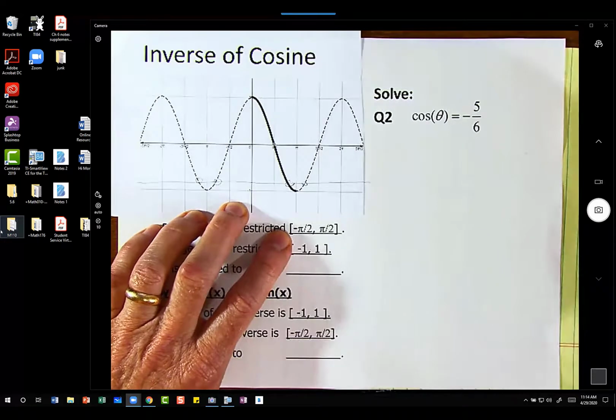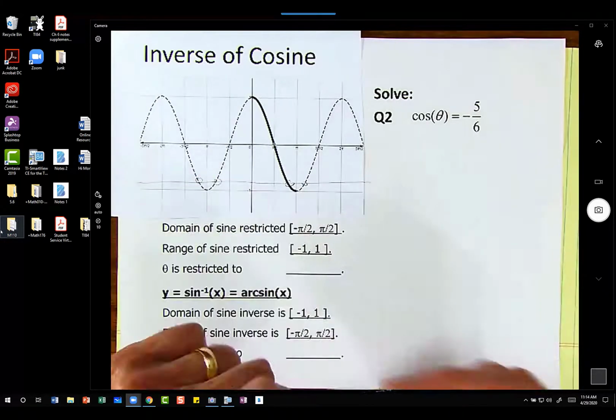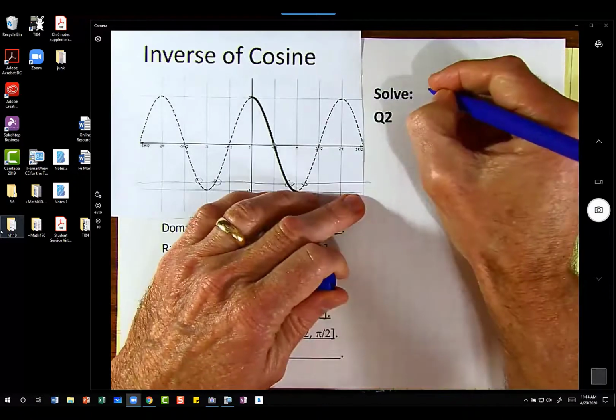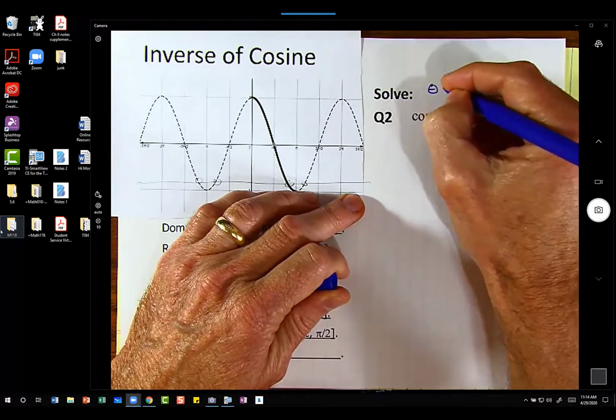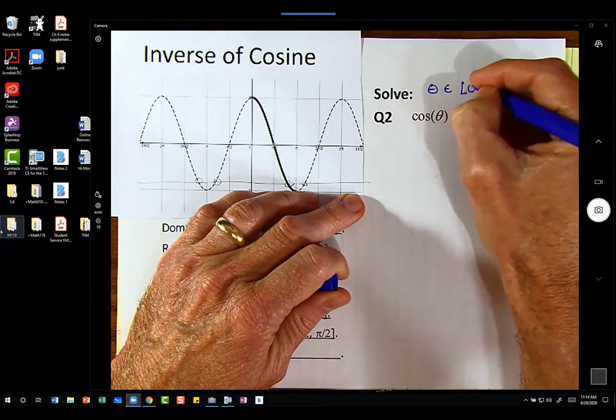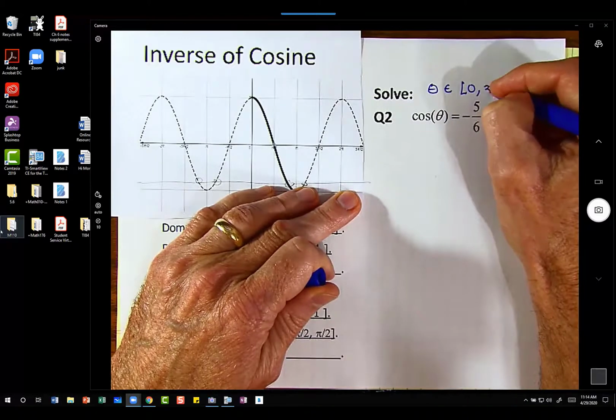So for simplicity on our first go around here, we're going to solve on x or on theta, where theta is in between 0 and 360 degrees.